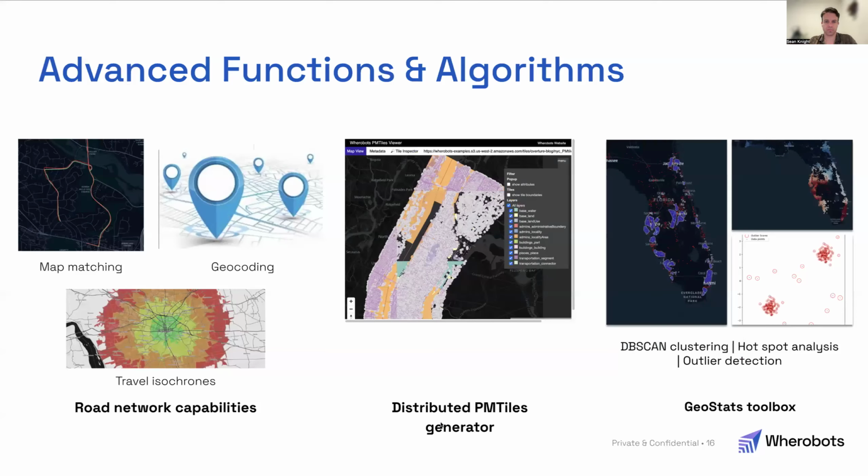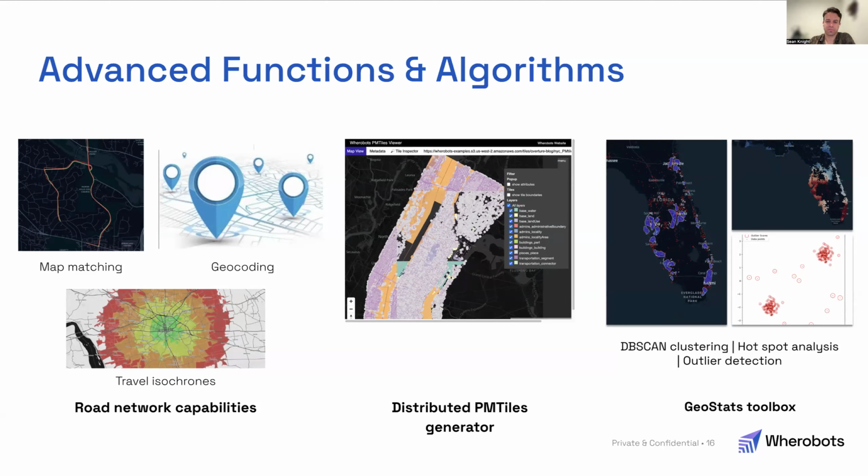Just a couple of closing things before I pass it off to Sean. Some of the advanced functions you get in our platform are things like map matching, taking road network grids and GPS points and snapping those points to a road network, whether driving, biking, or other types of movement.